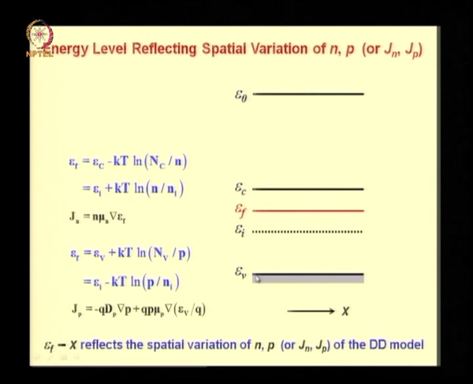In a heterostructure, the valence band edge may not be parallel to the conduction band edge and may not be parallel to the vacuum level E naught, and therefore it is important to note that the electric field in the hole current expression is given by the gradient of EV by q, and you cannot use E naught here, nor can you use EC.